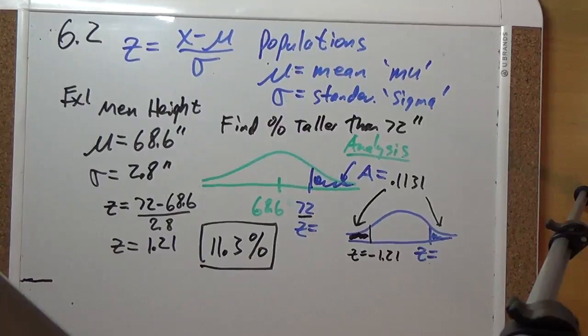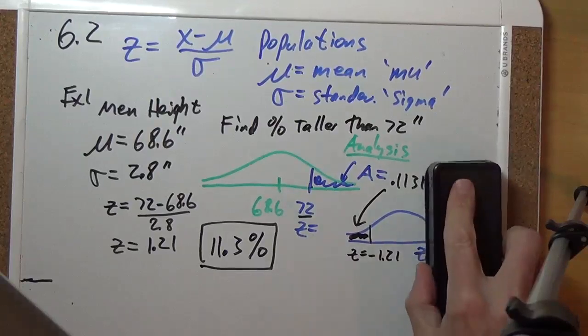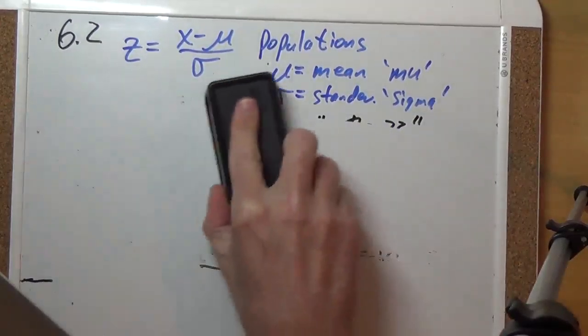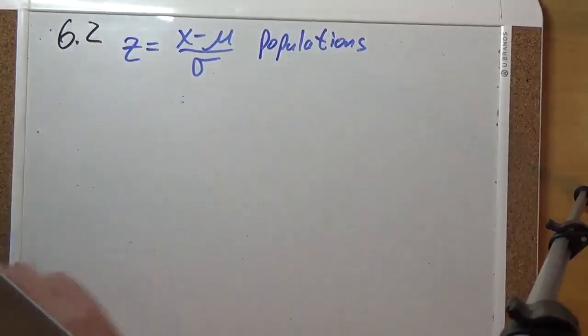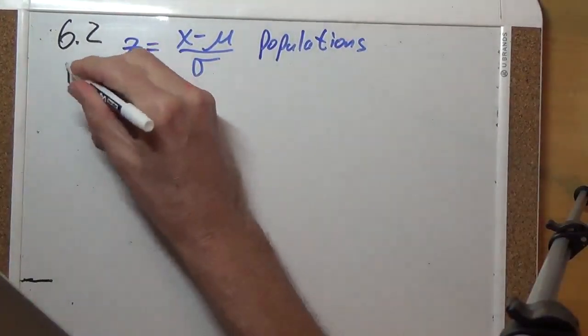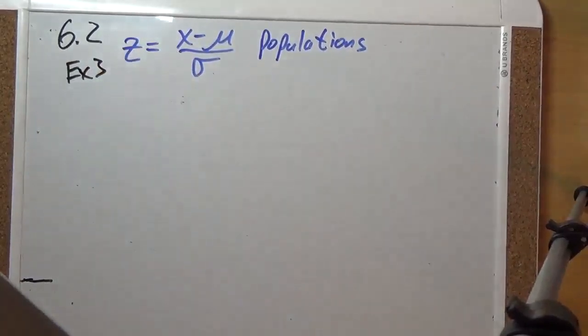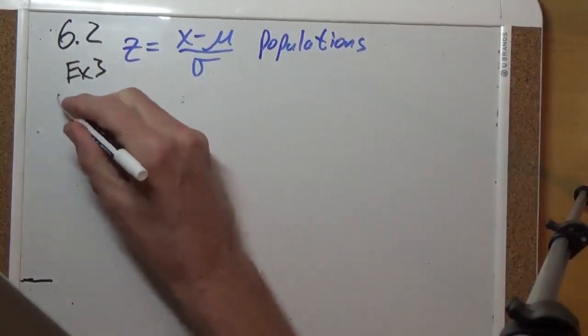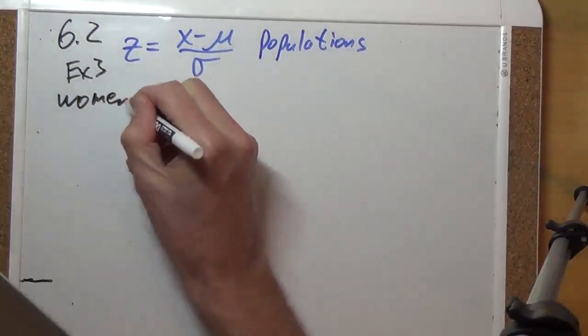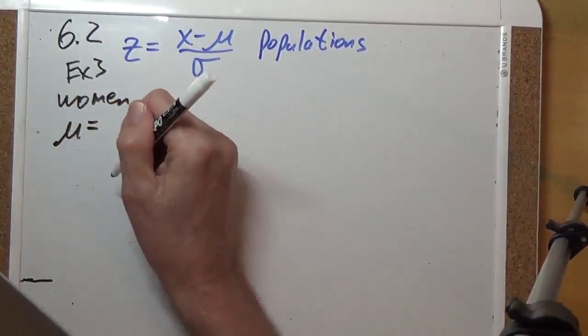Okay, now I'm going to do example 3, which goes in the opposite direction. We're going to design an aircraft cockpit. So basically now we're going to work with women. So I need my statistics for the population.